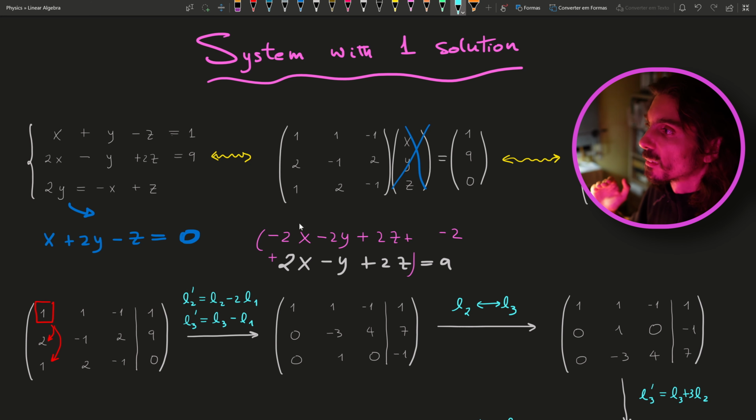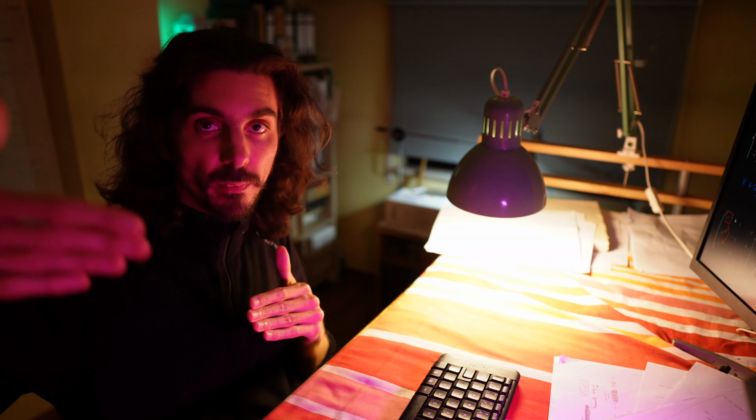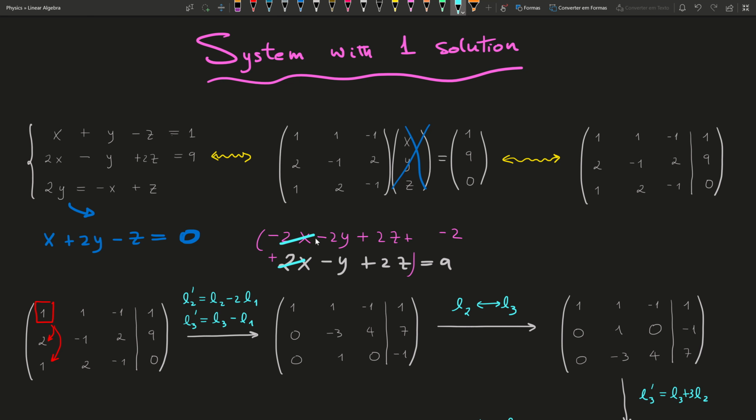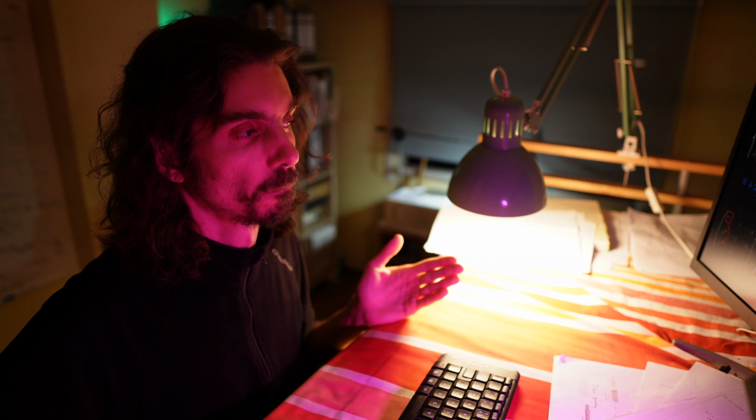If I do that, notice these 2x cancel, and the result is a 0 coefficient here. Now I just compute the consequences of this elimination. Namely, I must add minus 2y with minus y, which gives me the minus 3y here. And finally, the 2z sums with 2z, which gives you the 4z here. And 9 minus 2 is 7 here.